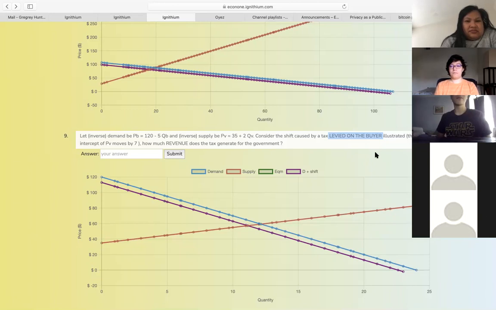But an example of a buyer levy tax, you might also be familiar with if you've ever purchased a used car. So when you purchase a used car, you're supposed to pay. I mean, it doesn't always work out this way because normally people play games when they're selling and buying used cars. But the way it's supposed to work, if you do everything legally, right?